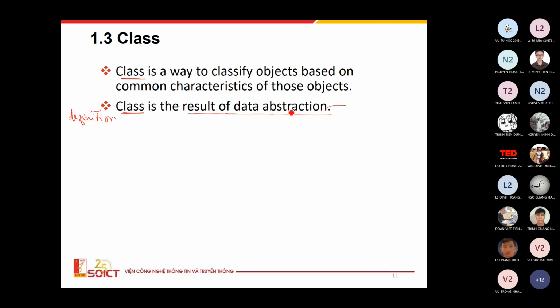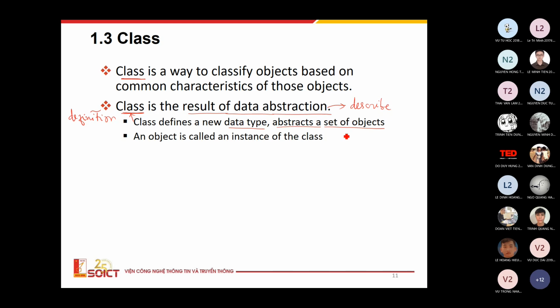We talked about abstraction. That means you want to describe something, so the result will be provided to you as the class. And you can use a class to define a new data type or abstract a set of objects. And an object is called an instance of the class. We know it already.